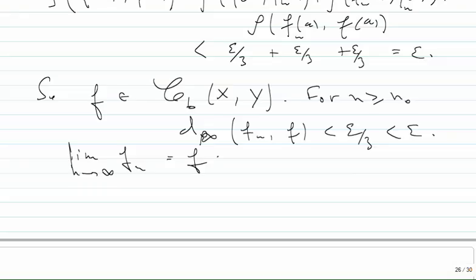Before we state the Ascoli-Arzela theorem, let us first give a little topological property.